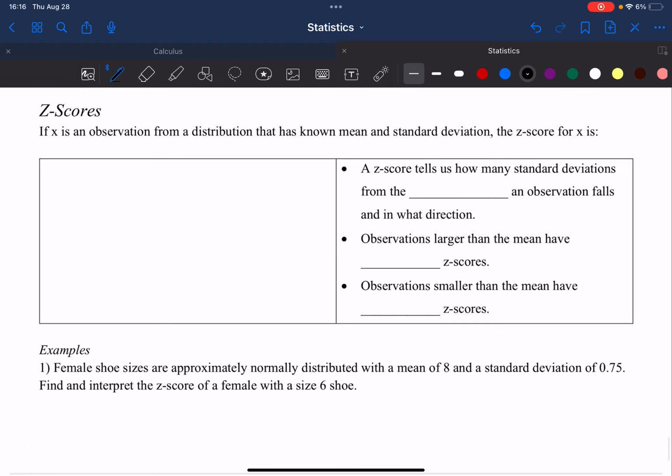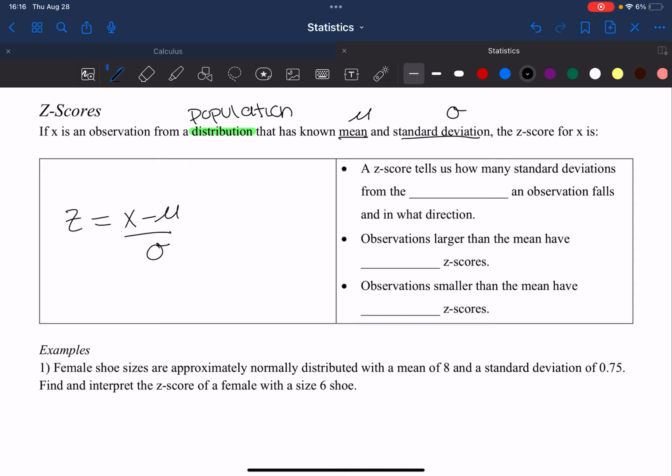Okay, so this brings us to z-scores. So it says if X is an observation from a distribution, and remember we're still talking about population here, we know that mean, or mu, and standard deviation, sigma, are values on this distribution, meaning they're known values, then we can find the z-score for X, where z is equal to X minus mu divided by sigma.